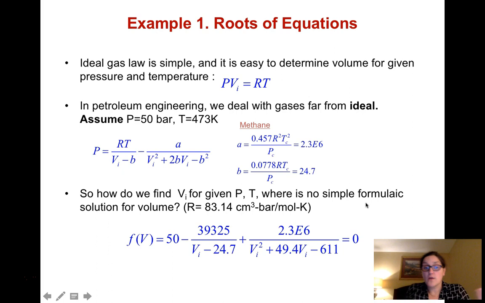So the question is, how do we approach the problem? Here's one way. One way would be to simply plot it and see, for given pressure and temperature, plot possible V's and see what happens.